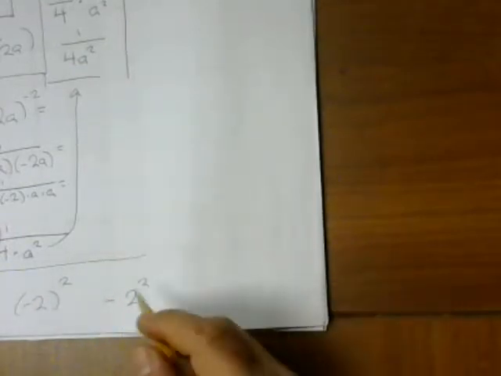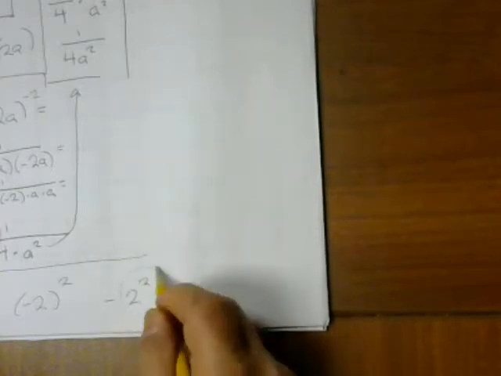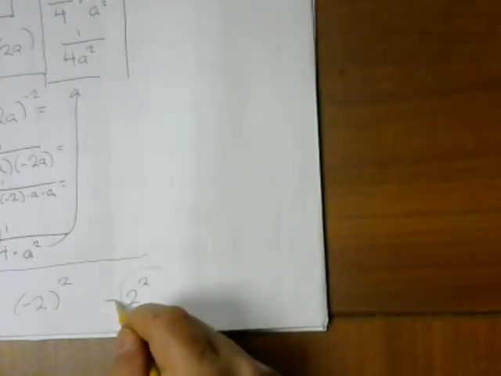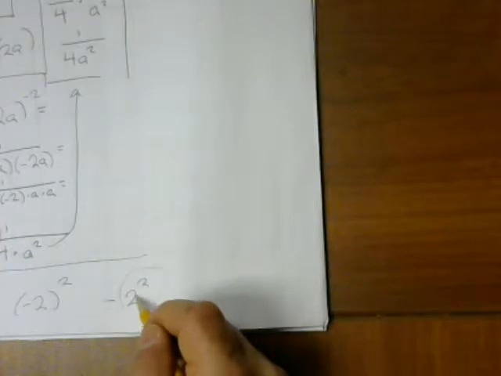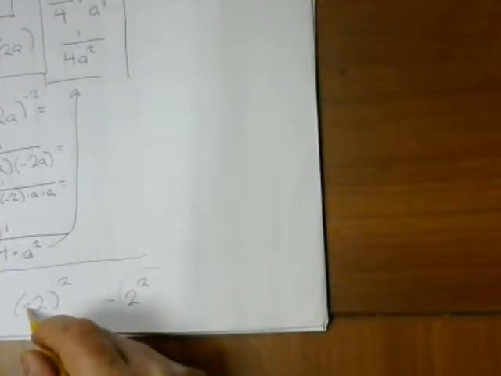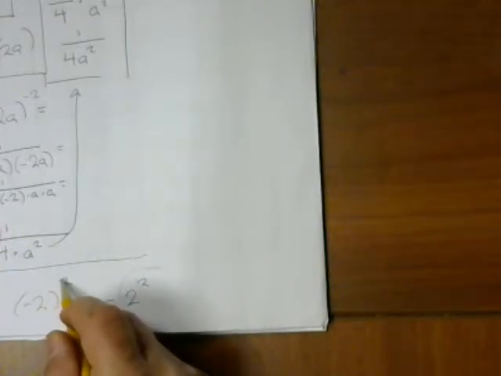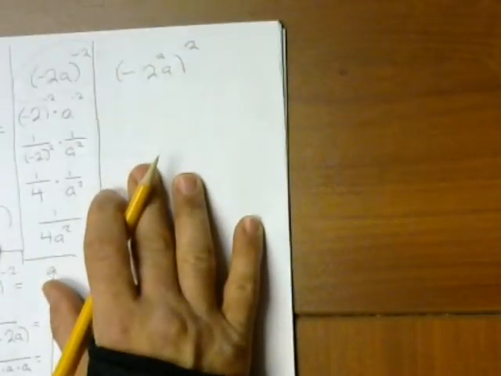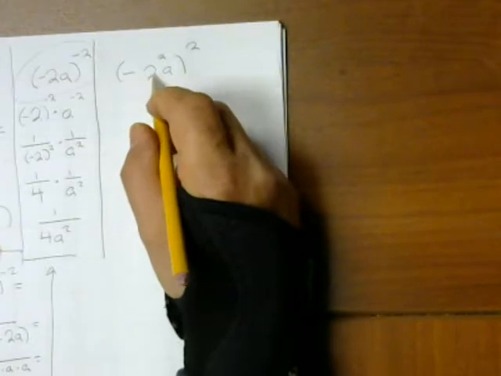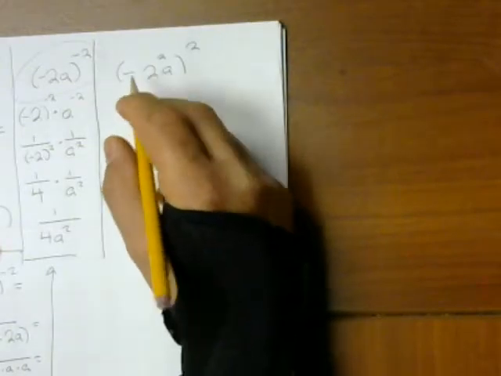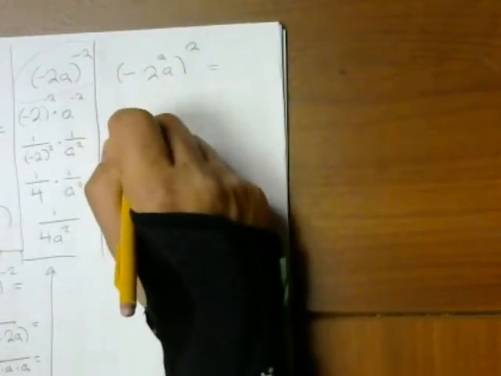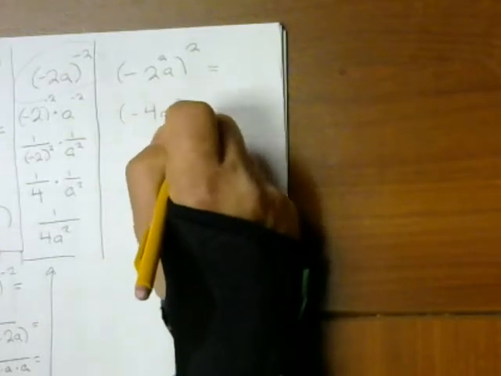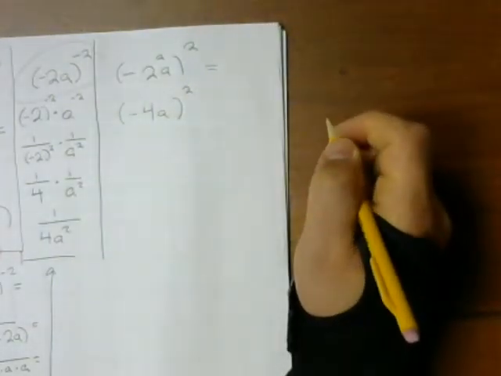By our order of operations, we apply the exponent here before we think about this negative. So this one would be negative 4, and this one would be, well, (negative 2) squared, which will end up being positive 4. So let's go back to this. We have negative (2 squared), so that's actually minus 4a squared.